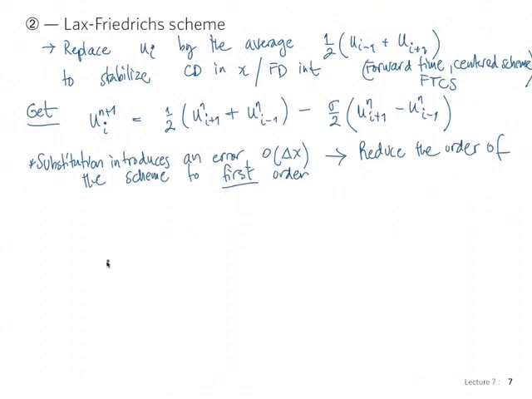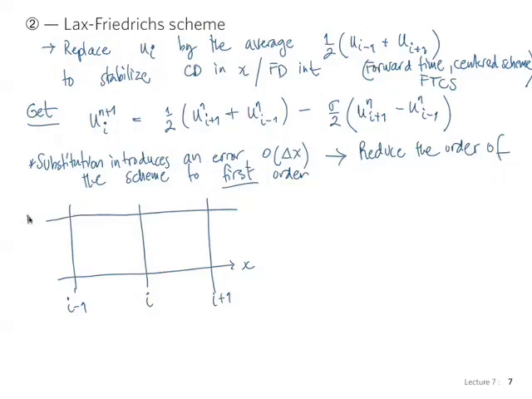So let's look at how the stencil for this one would look. Let's consider again our i minus 1 and i plus 1 points in space, and let's consider our point n plus 1 here and n here. And so we're obtaining this value of the solution here with our numerical scheme, and we're using for that only these two points.